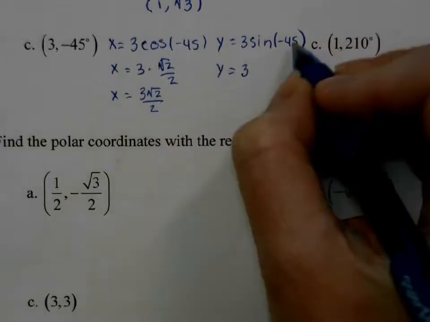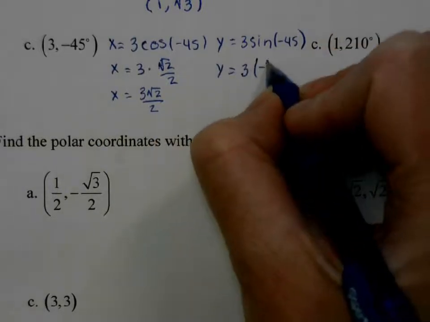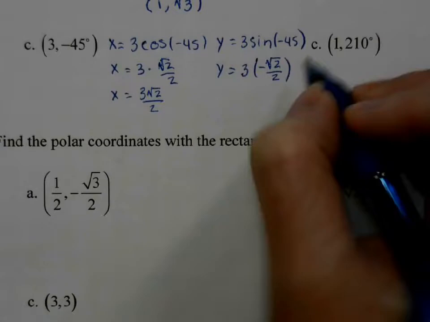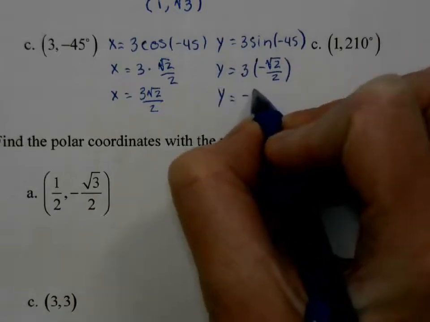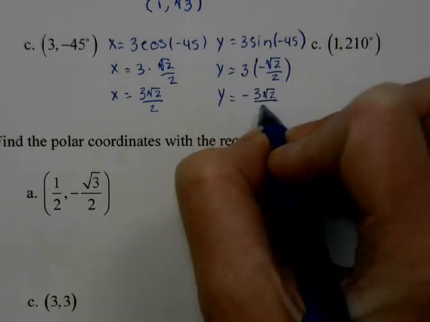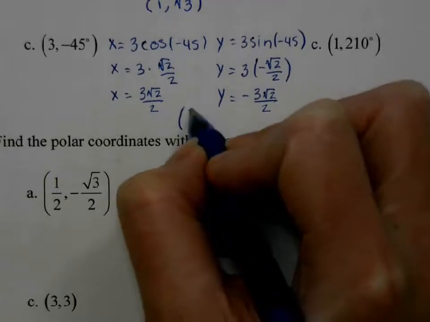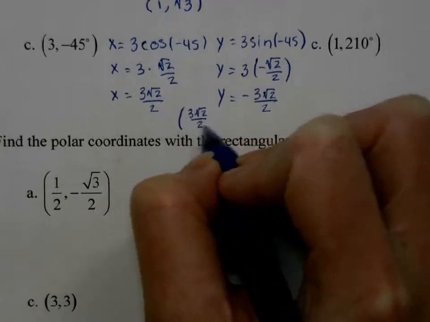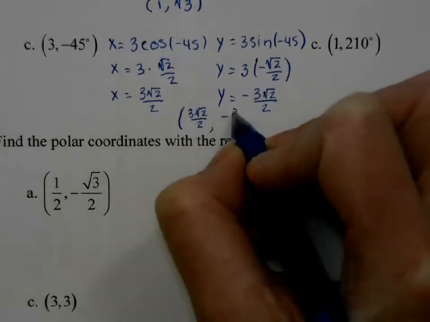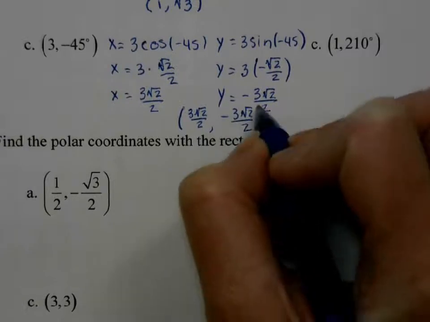My y value at that point is negative root 2 over 2. So my coordinates will be 3 root 2 over 2 and negative 3 root 2 over 2.